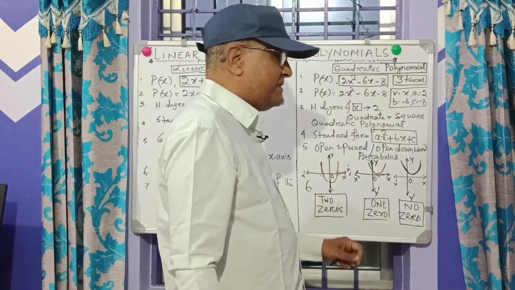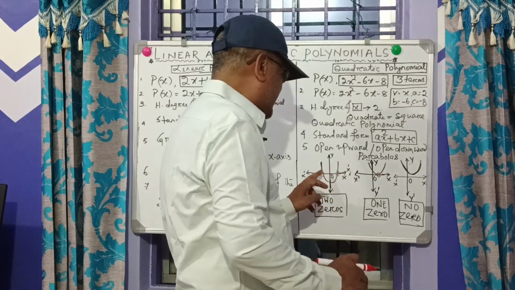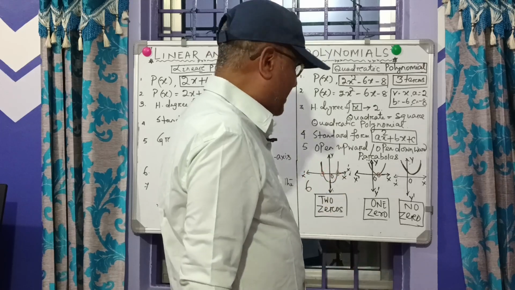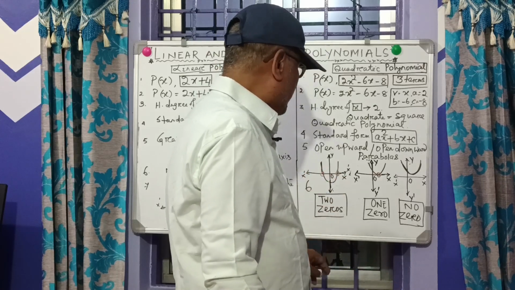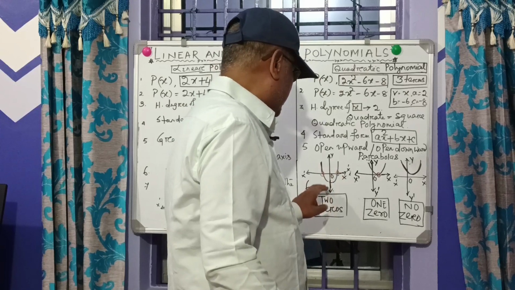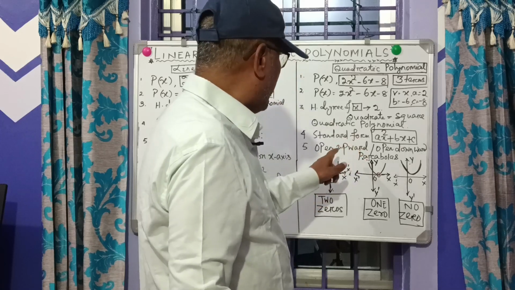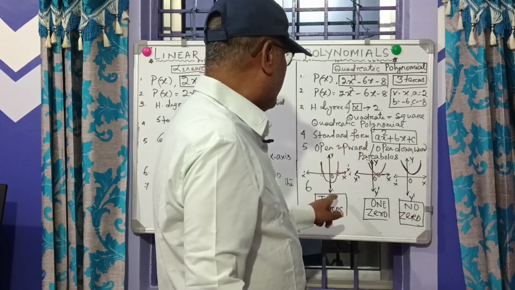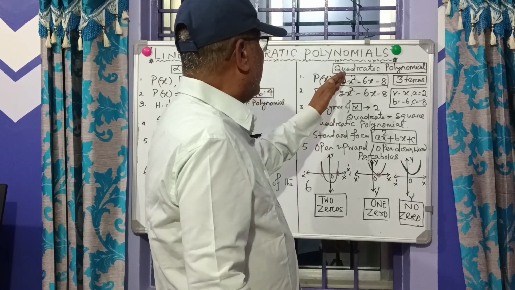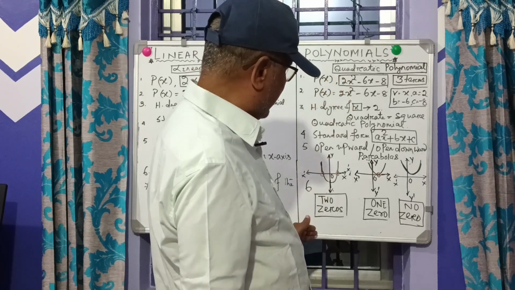So naturally there are two zeros. The x-coordinates here are the minus coordinate and the plus coordinate. Here we find two zeros for this open upward parabola. So a quadratic polynomial may have two zeros, according to the first case.